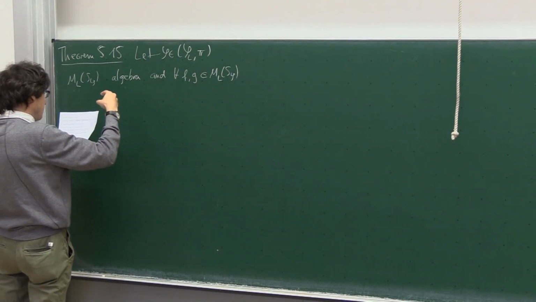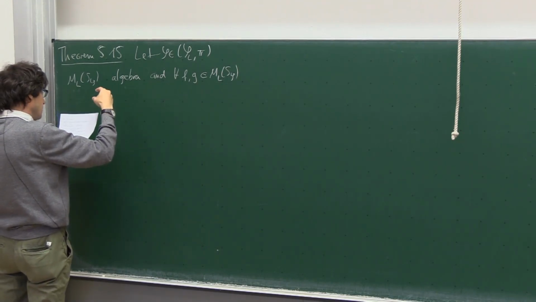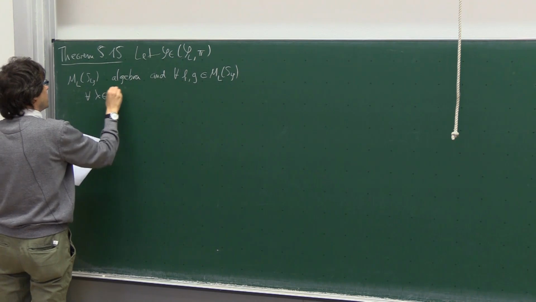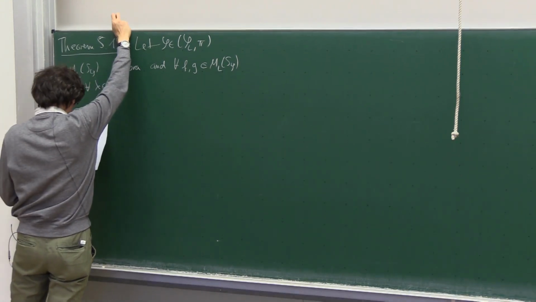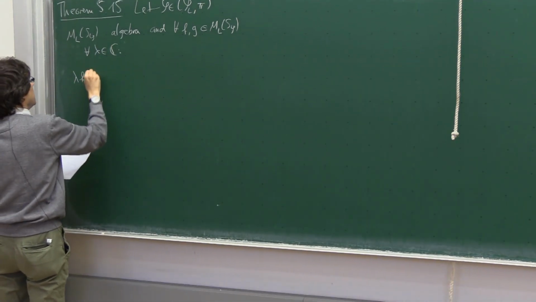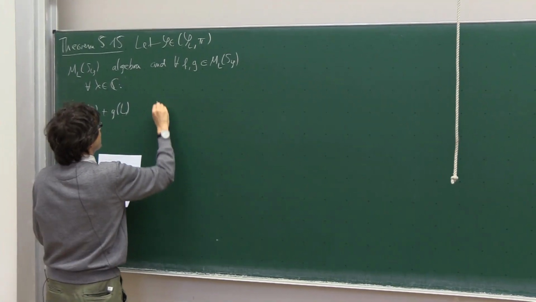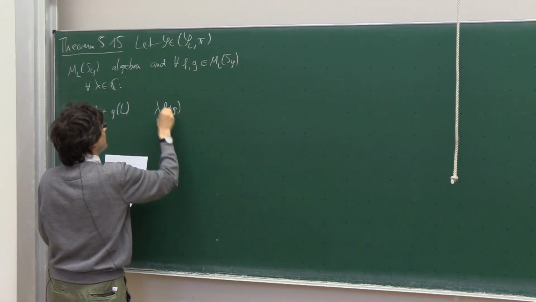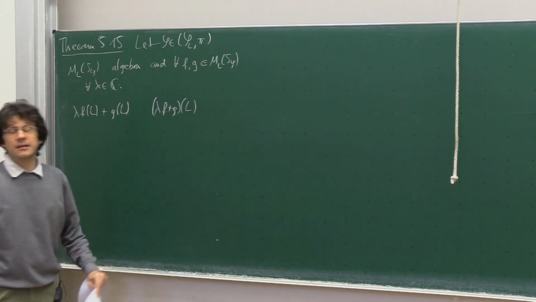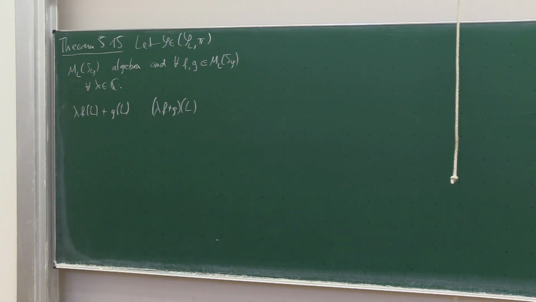So for every f and g in the algebra of regularizable functions, and for all scalars lambda, the question is, how do lambda f of L plus g of L and the operator (lambda f plus g) of L relate? In the Dunford-Rees class, you have equality.